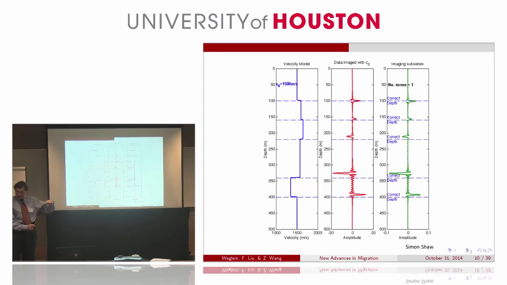In other words, a water speed migration takes every event, yes? This assumes the multiples are out, yes? And takes it and places them where water speed would locate. So you're not going to get a reflection coefficient that way, yes? Because you're not using the actual velocity of the medium.